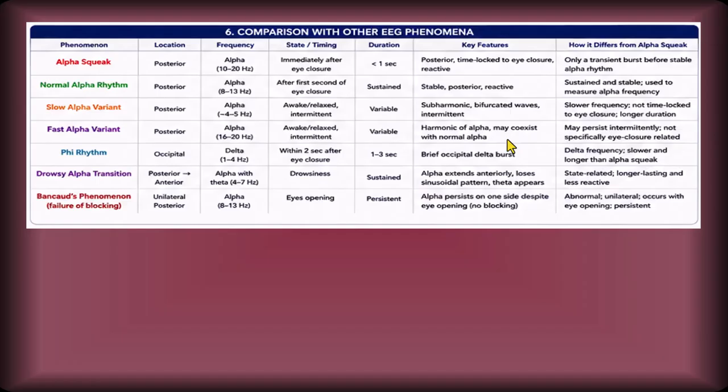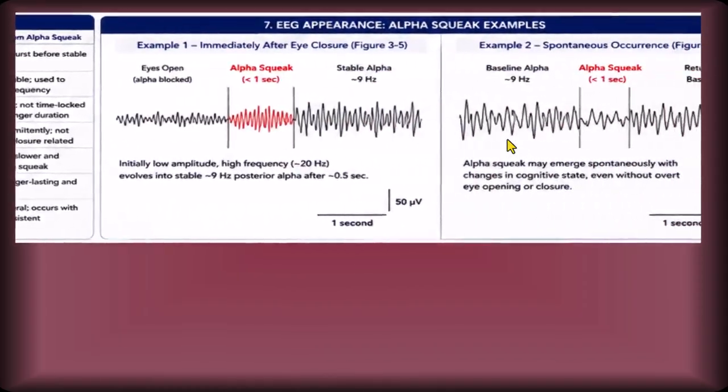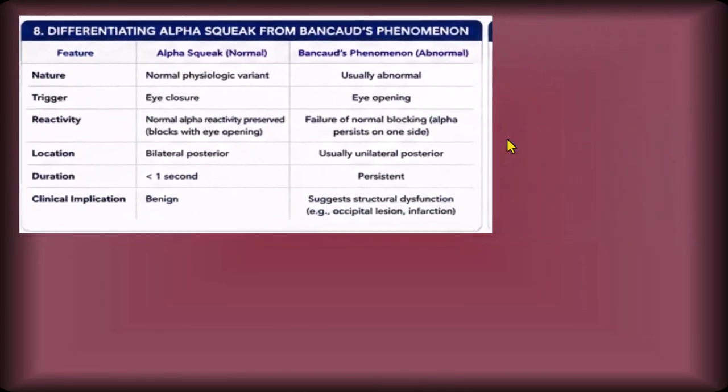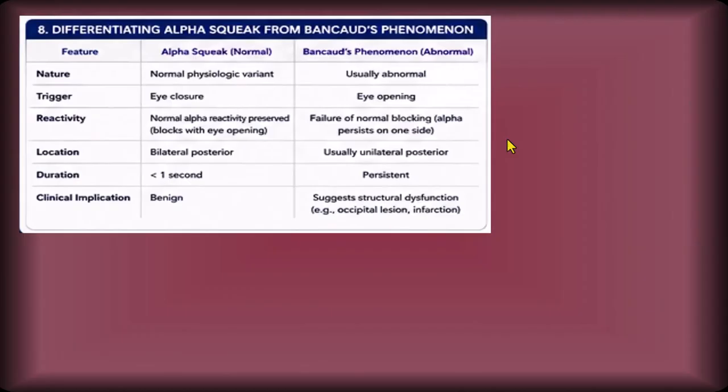The infographic also highlights Bancaud's phenomenon. In the attached educational material, Bancaud's phenomenon refers to unilateral failure of alpha blocking with eye opening. Unlike alpha squeak, which is benign and transient, Bancaud's phenomenon is usually abnormal and may suggest occipital structural dysfunction. Now let us focus on differentiating alpha squeak from Bancaud's phenomenon.